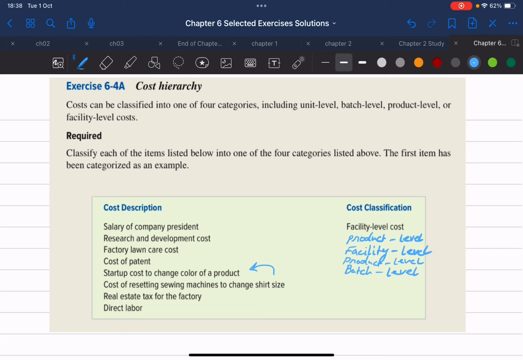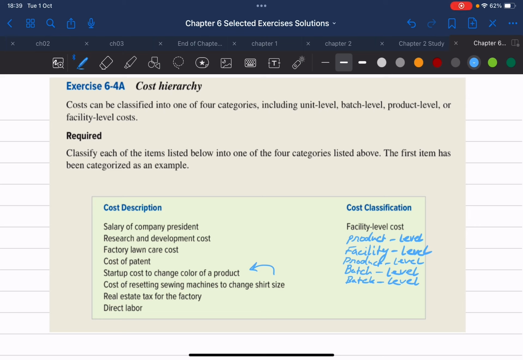Let's say X large shirts, right? So you'll change those settings and then you will produce, let's say 100, 200 shirts of that size, X large for example. And then you will reset the sewing machine again to do the following batch, which might be of a different size, okay? So the cost of resetting the sewing machine is also going to be a batch level cost.